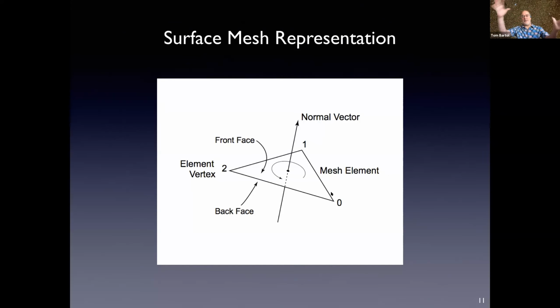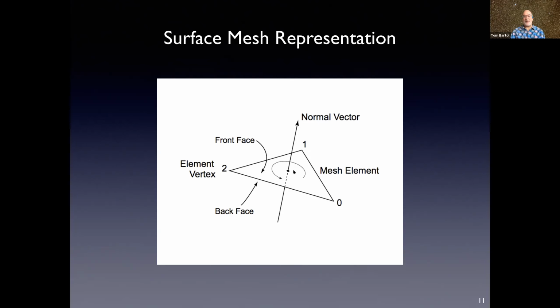If I had a mesh, say of a sphere-shaped object, and every edge in our mesh is shared by exactly 2 triangles, and not 1 triangle and not 3 triangles, then we will have what's called a manifold mesh.